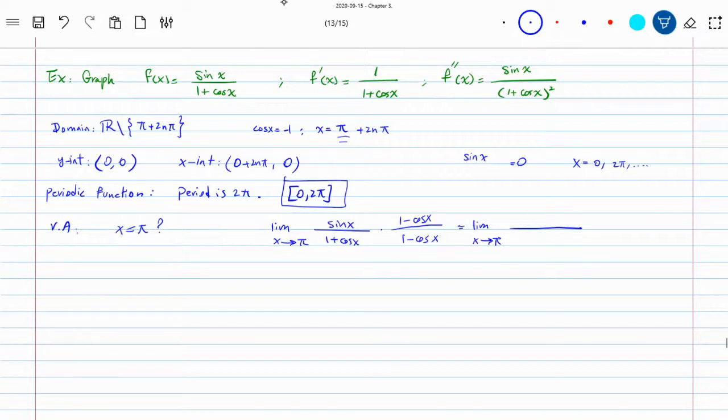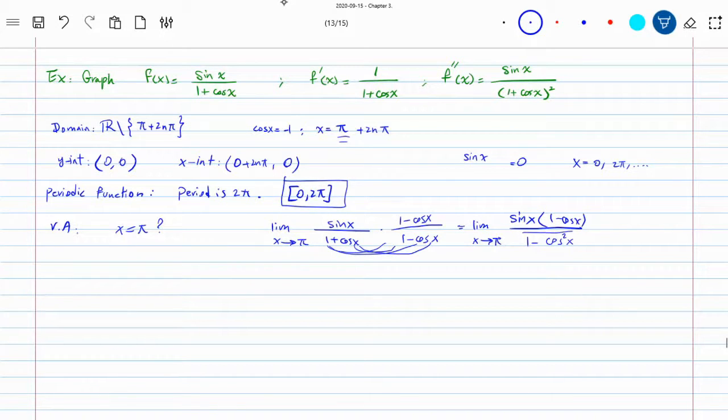If you multiply by a conjugate, distributing the denominator, you will get 1 minus cosine plus cosine, again minus cosine squared. So you get 1 minus cosine squared x. The numerator is sine x times 1 minus cosine x.